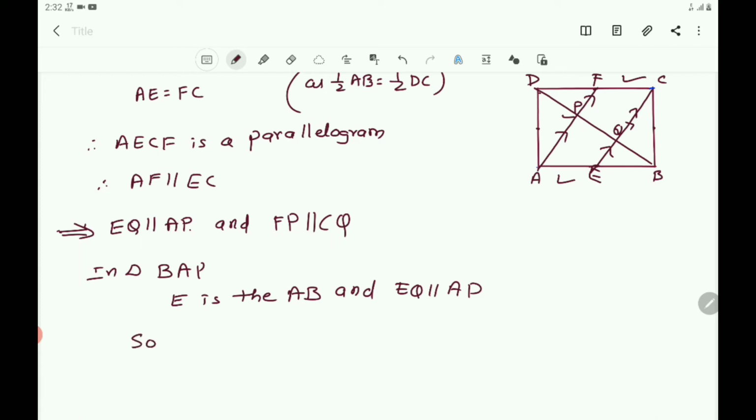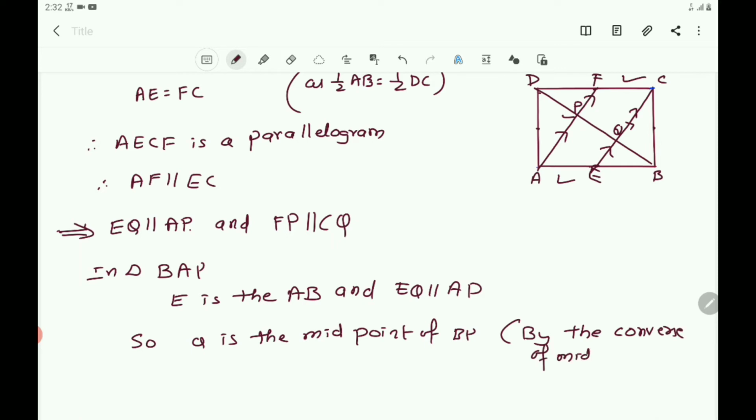So, you can take Q is the midpoint of BP, that is by the converse of midpoint theorem.